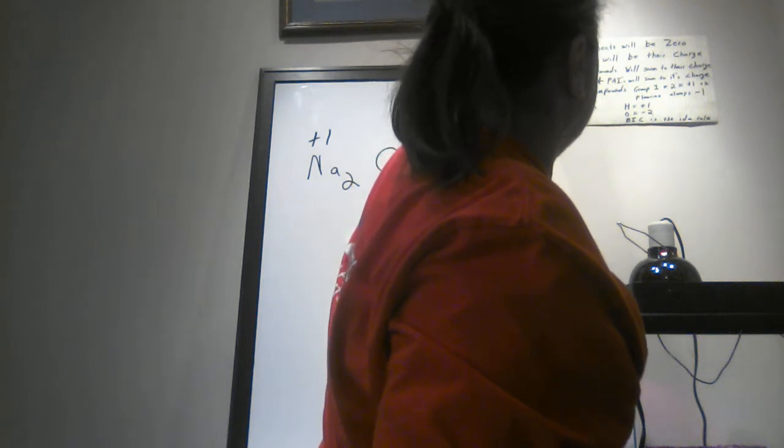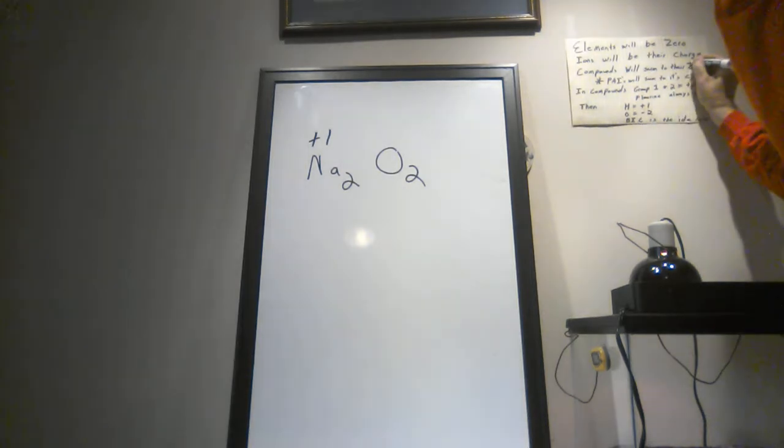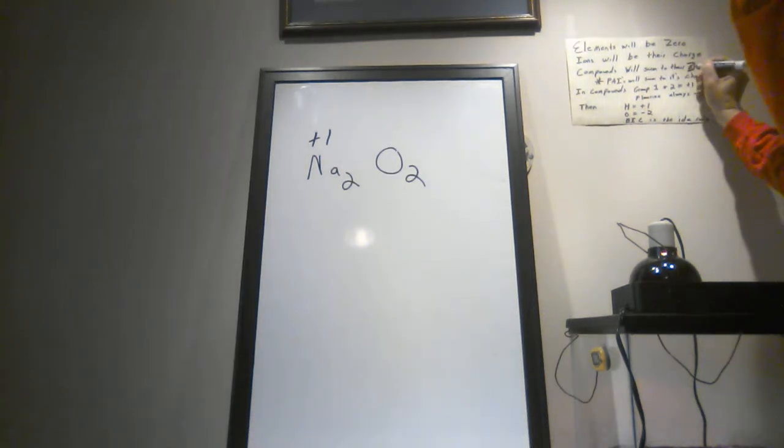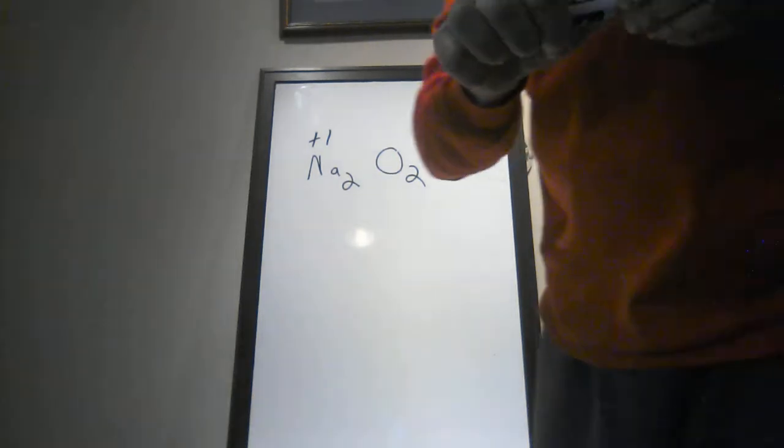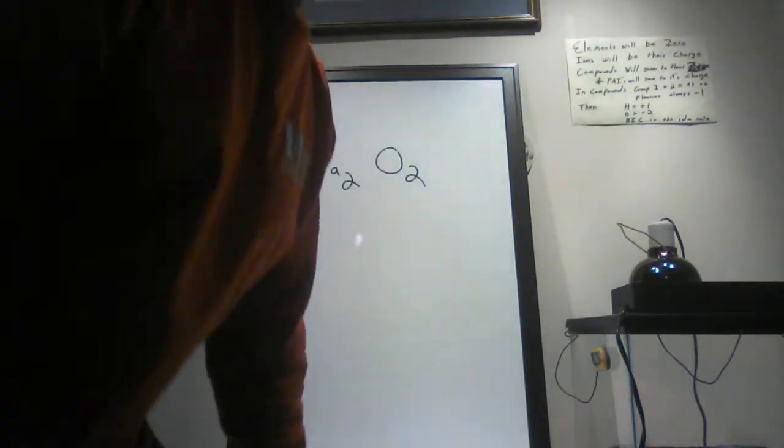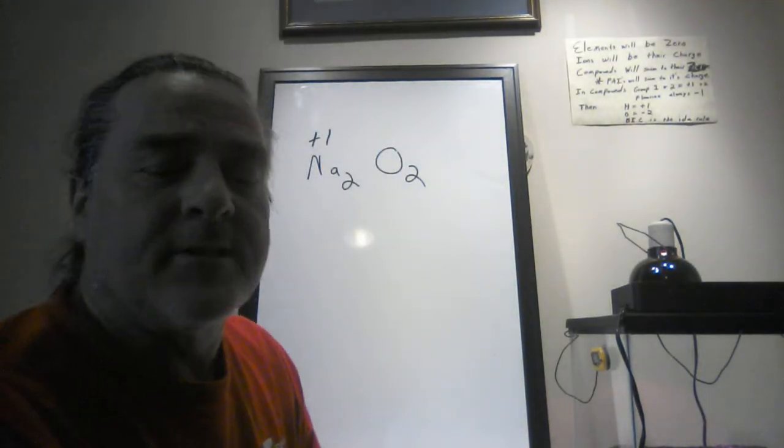Up here, it's compound. I've got to fix this. I just realized this got sum to 0. That says 0. That's a mess. Compounds will sum to 0. You know what? I'm not going to bring that down to the camera now.